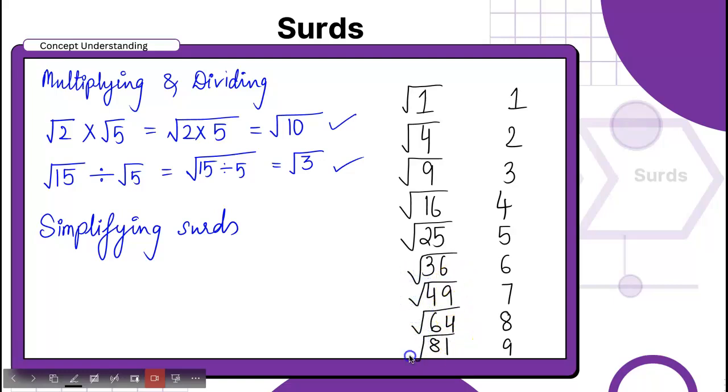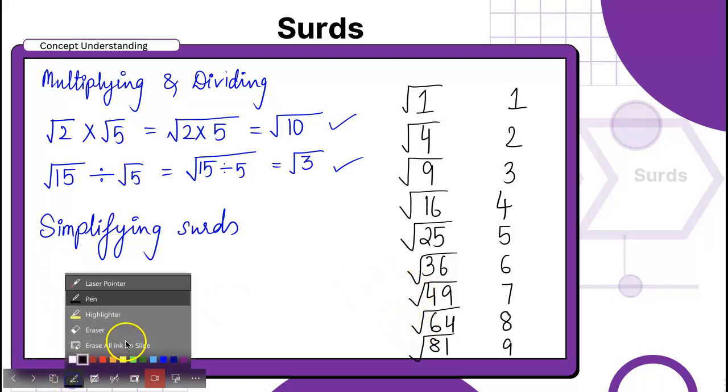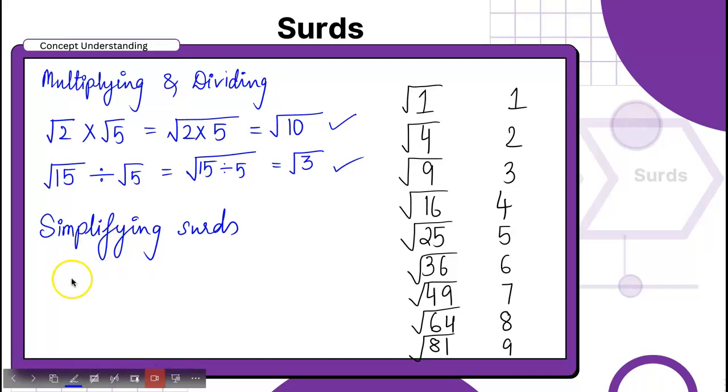Correct? Okay. When we simplify surds, say for example we have to simplify square root of 8. What we do is break it down by writing the factors of 8, keeping the perfect square number closer to 8. These numbers are all perfect squares. So which number is the factor of 8?